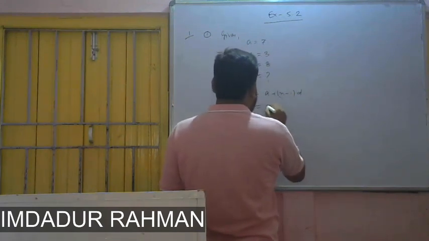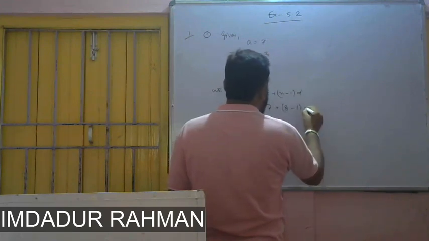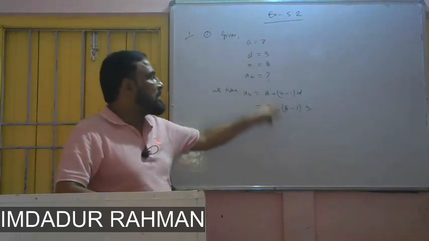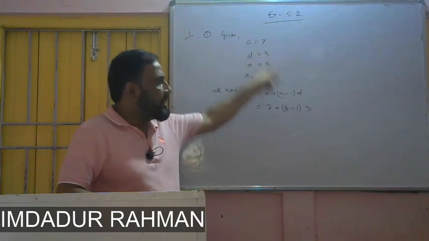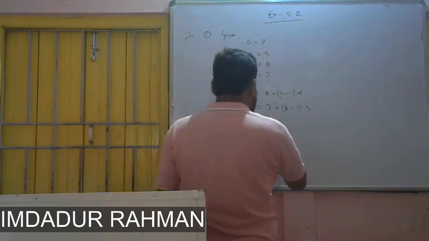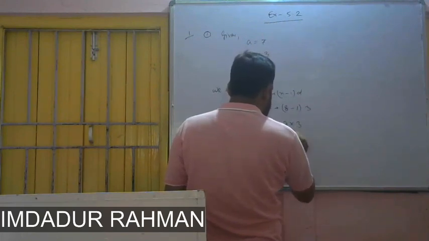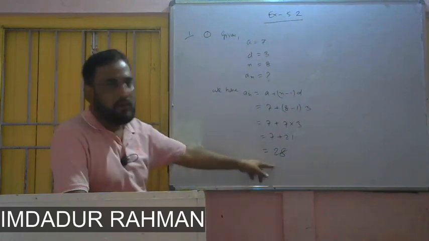So a what? 7 plus n what? 8 minus 1 into d. How much? 3. Okay. 7 plus 8 minus 1, then d is 3. Just 7 plus 7 into 3 is equal to 7 plus 21 is equal to 28. So your an is 28.